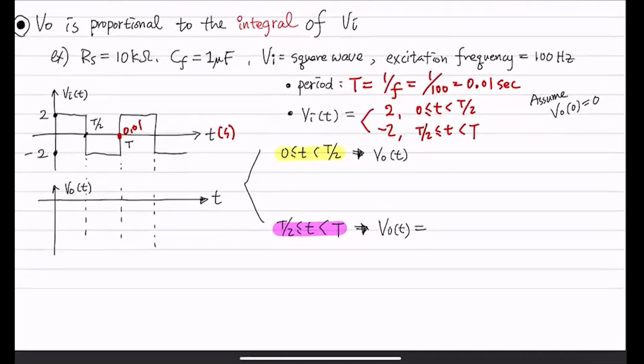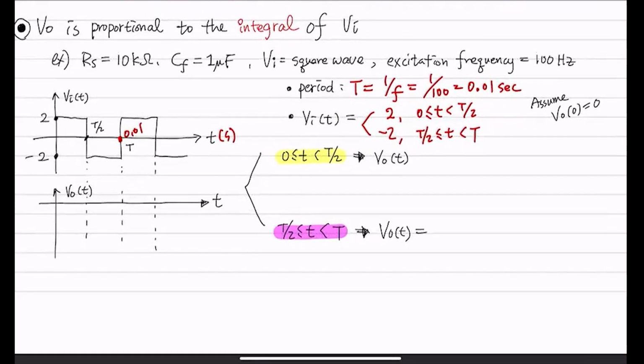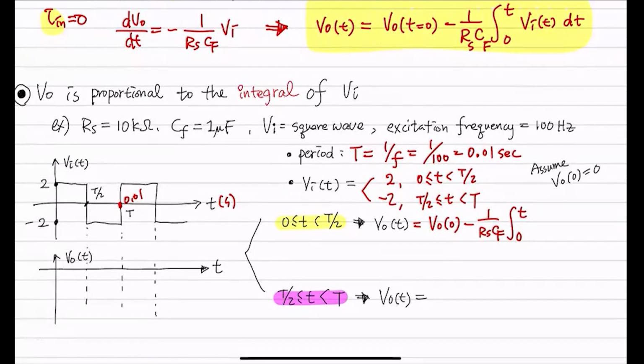And our V out is going to be V out of 0 minus 1 over RsCf times the integral from 0 up to t of Vin. And your Vin is what? Vin is 2 within that time interval. So it's going to be just 2 dt.